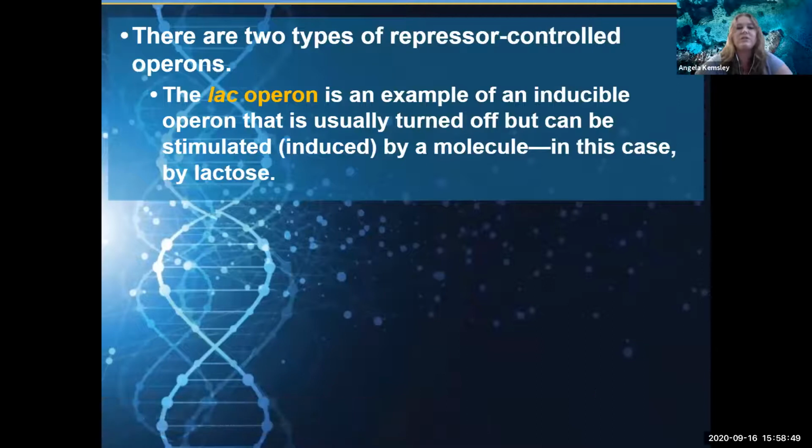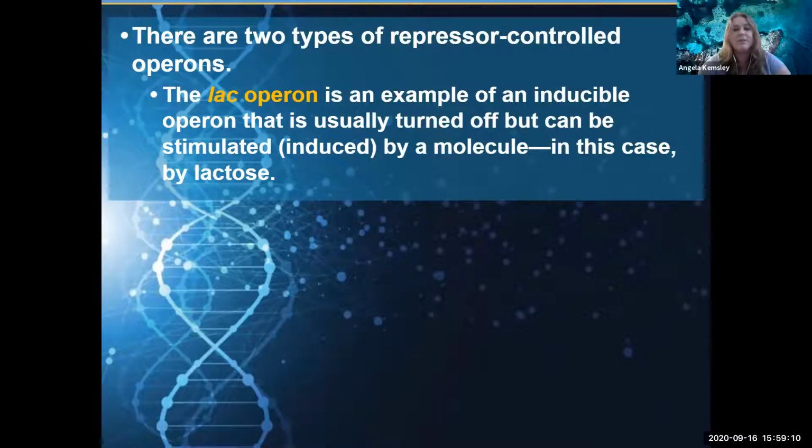So there are actually 2 types of repressor-controlled operons. The example we just looked at with the lac operon is what we call an inducible operon. An inducible operon is usually turned off, but it can be stimulated or induced by a molecule. In our example, that was lactose.